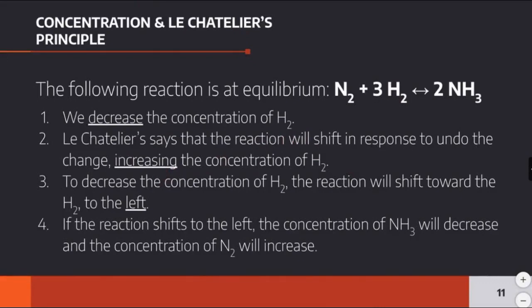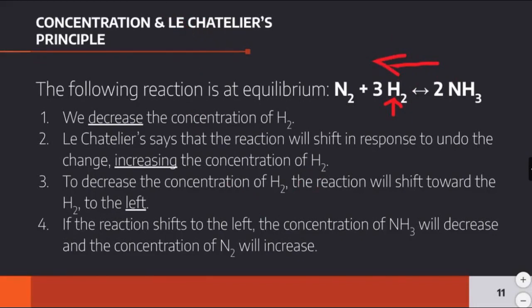So I'll draw an arrow to indicate that in response, H2 increases. To increase the concentration of H2, the reaction has to shift toward the H2, which means it shifts to the left. So I'm going to draw an arrow here to show the reaction shifts toward the left.